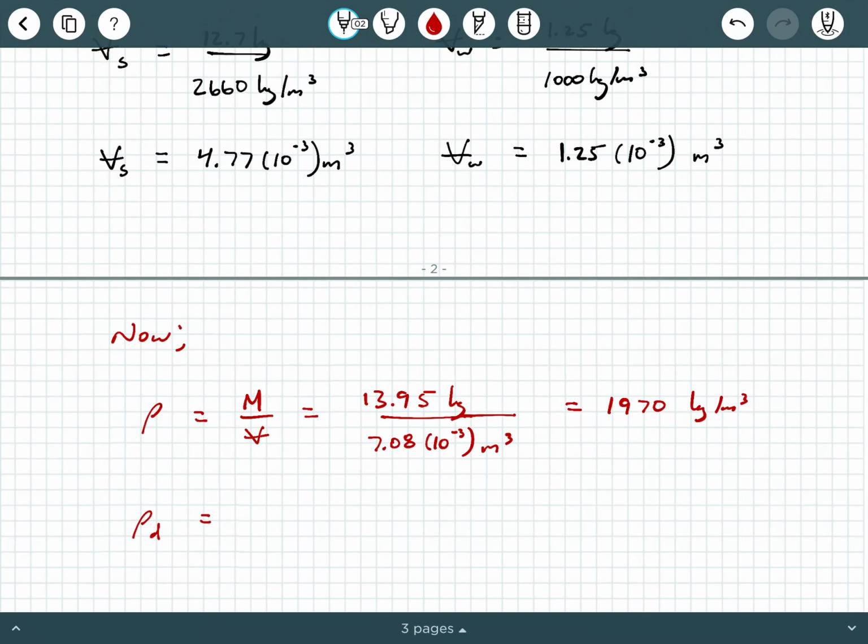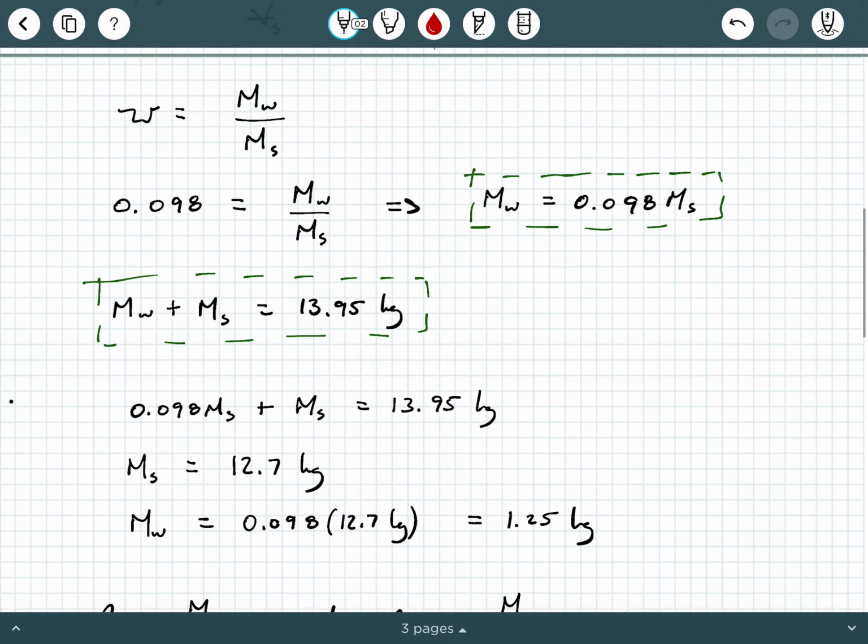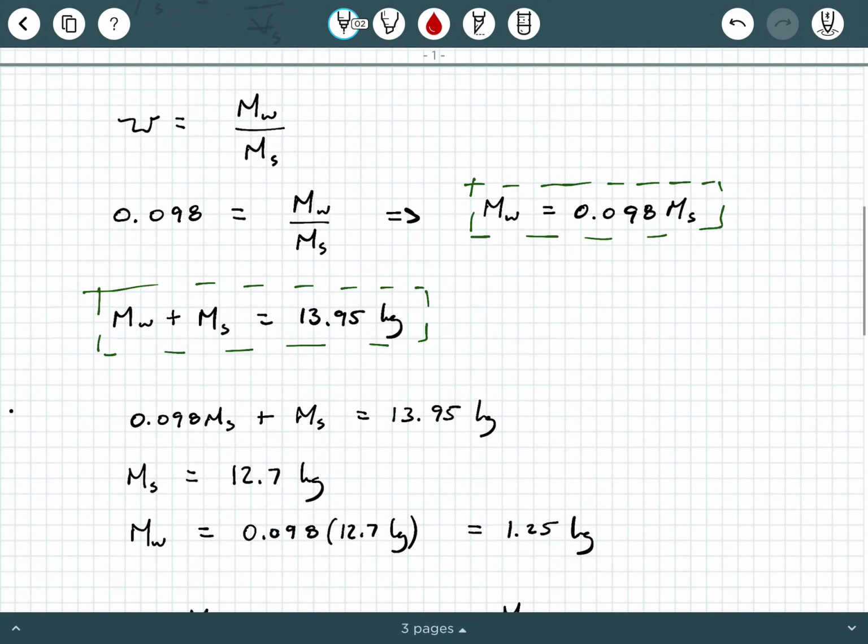Dry density. I end up with mass of solids over total volume. So my mass of soil solids, let's scroll back up to our phase diagram and see what that was.